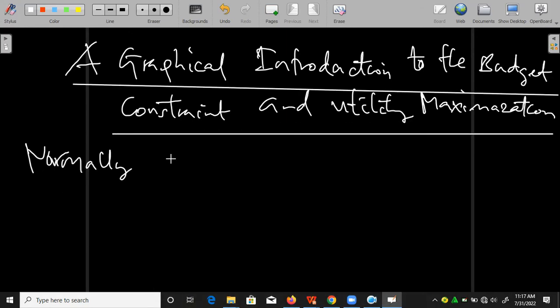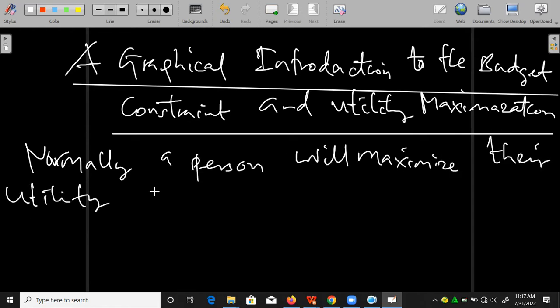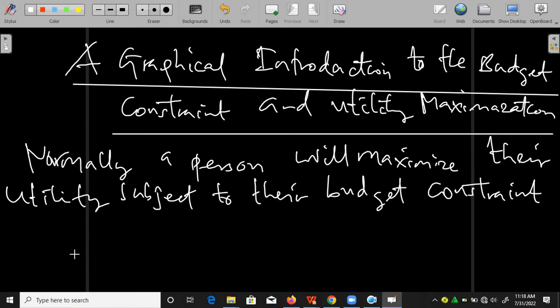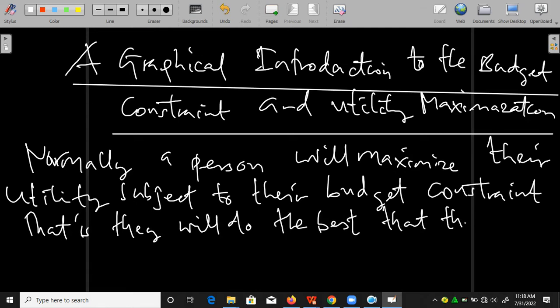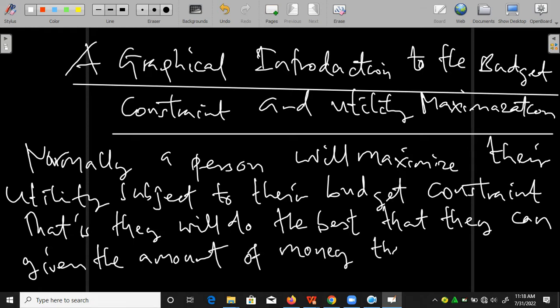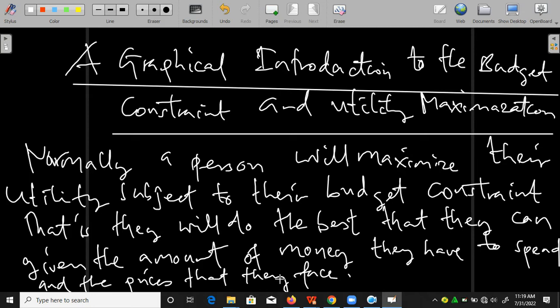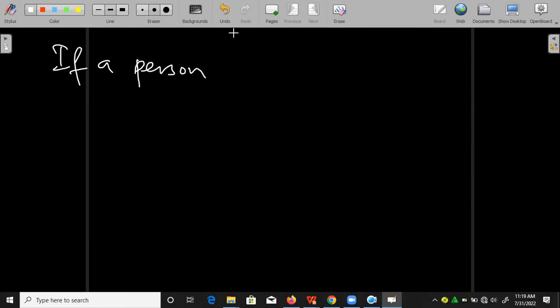They will do the best that they can given the amount of money that they have to spend and the prices that they face. A graphical introduction relies on where utility is maximized, where the indifference curve cuts across the budget line.